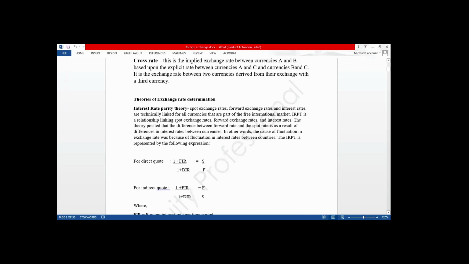Our next discussion, theories of exchange rate determination. The question we are trying to answer here is, how do we determine that 1,000 naira is equal to $1?